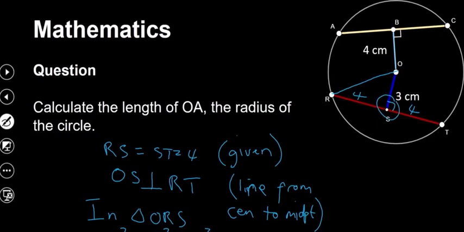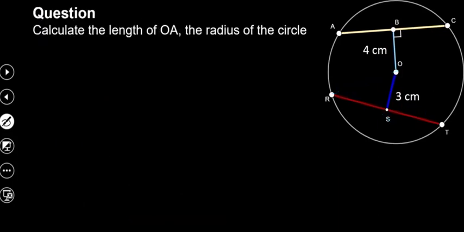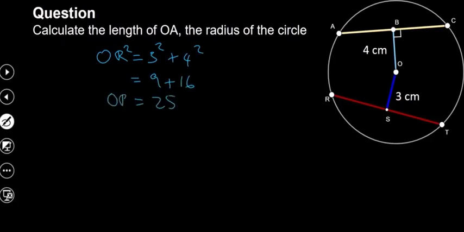And then from there, I said it was OR squared is equal to 3 squared plus 4 squared. 3 squared, you know, will be 9 plus 4 squared is 16. This is equal to 25, right? And that's OR squared. Then my OR will be equal to 5 centimeters, right?